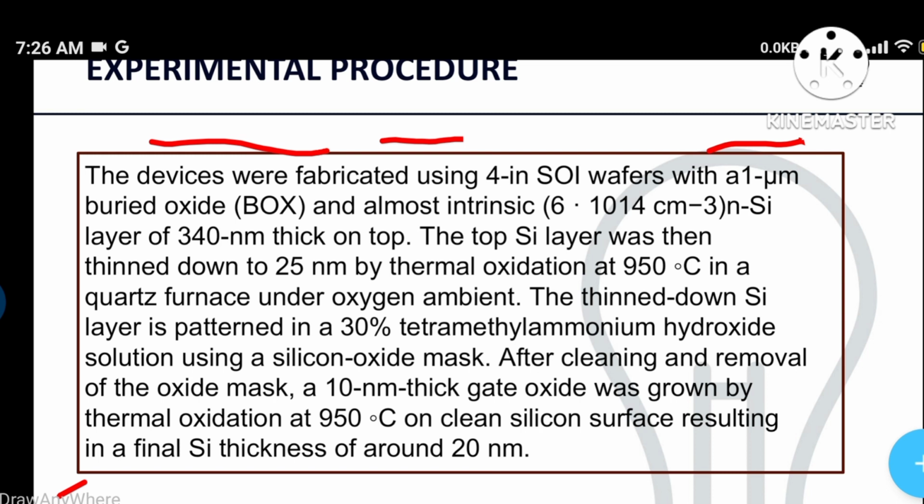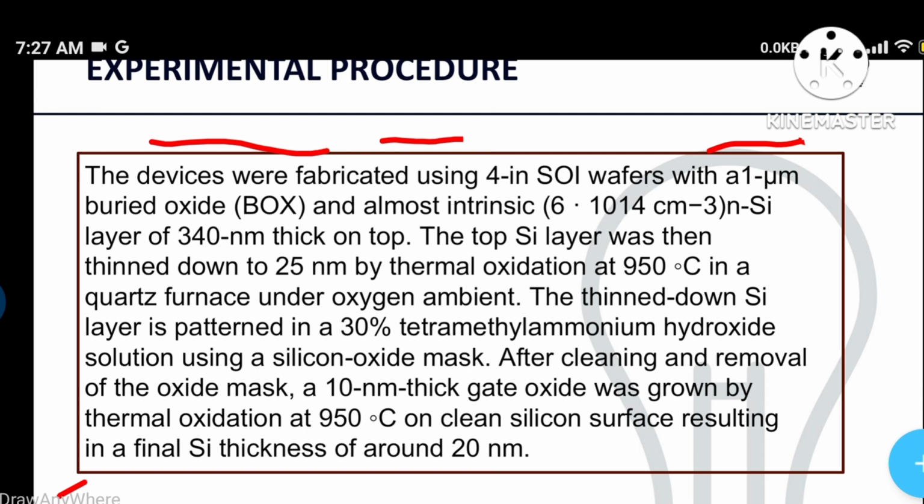The top Si layer was then thinned down to 25 nanometers by thermal oxidation at 950 degrees centigrade in a quartz furnace under oxygen ambient.